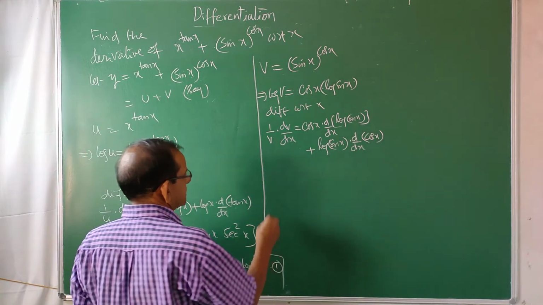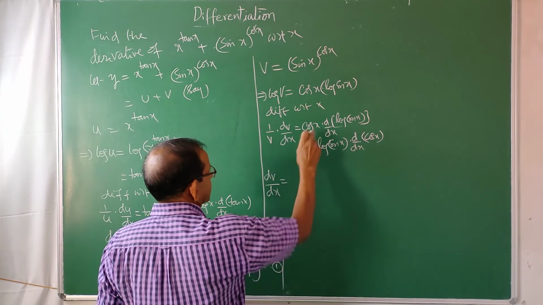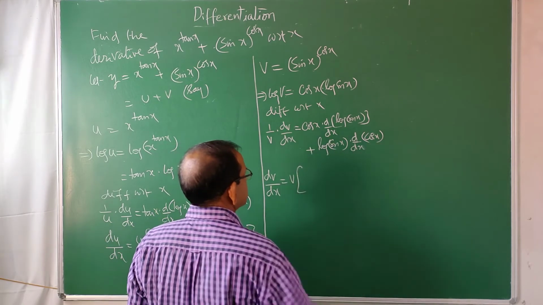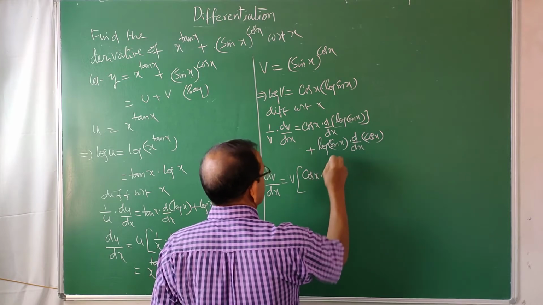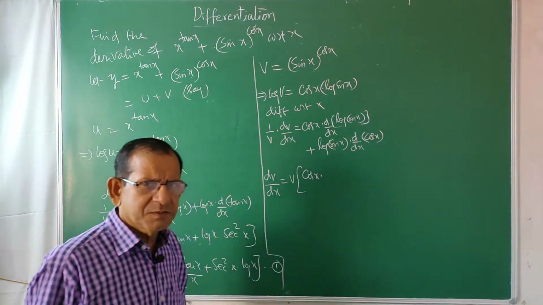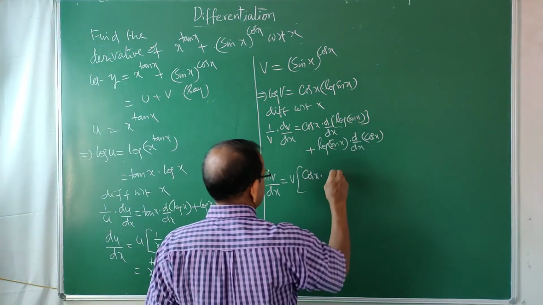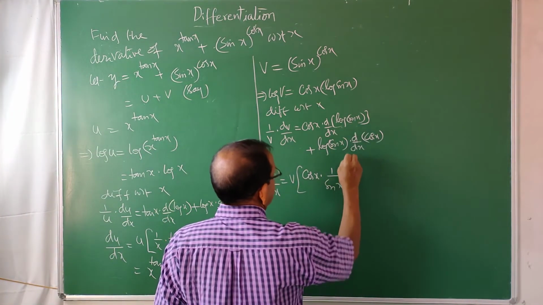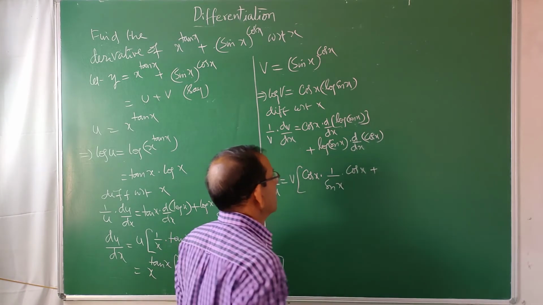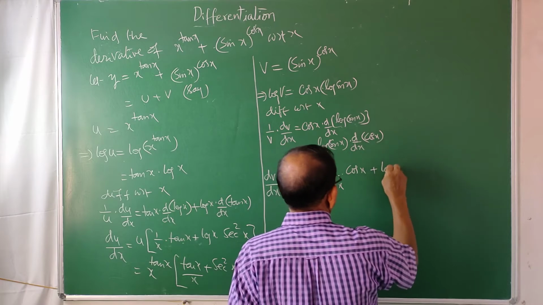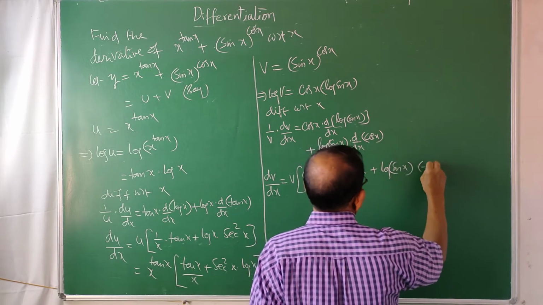So dv by dx is equal to, take cross multiplication, v into this entire thing. So cos x into log of f(x) means 1 by f(x) first, into derivative of f(x), that is f dash. First 1 by sin x into derivative of sin x is cos x, plus log of sin x into derivative of cos x is minus sin x.